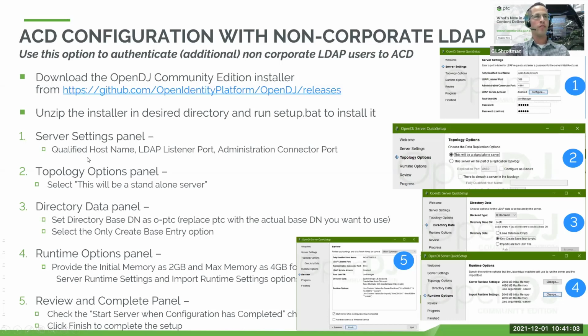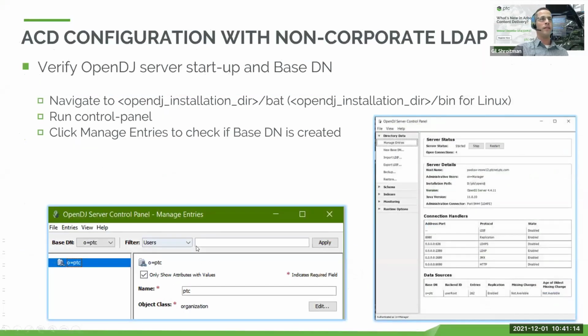the installation and configuration steps mentioned here, filling in the relevant attributes. Once that's done, you need to open the OpenDJ server control panel and verify it starts up and the base DN is defined properly.